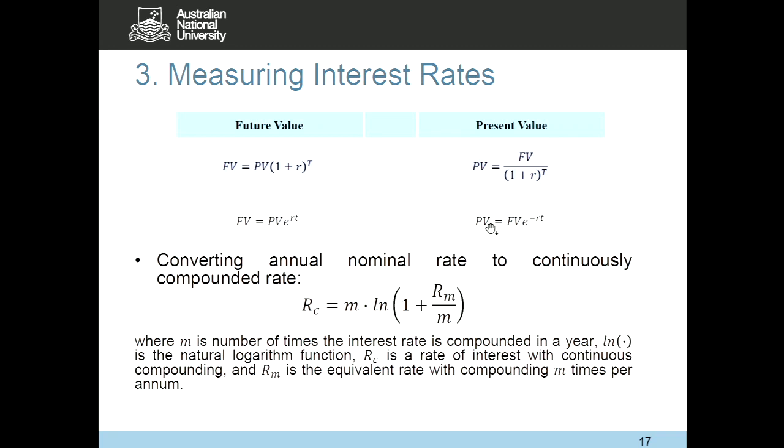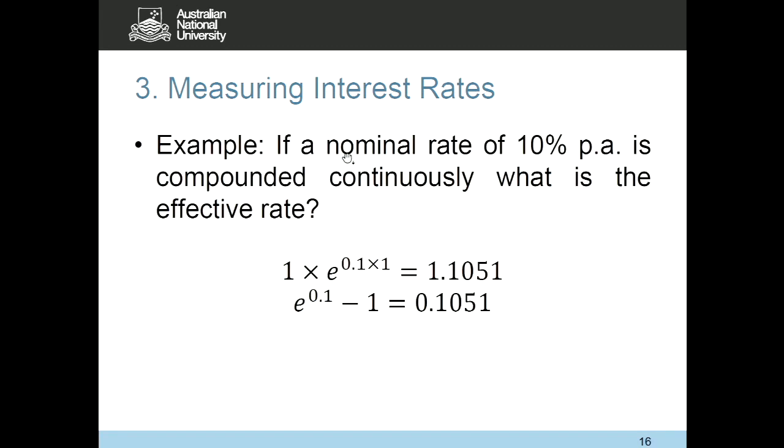All right? Sometimes the question would give you an annual nominal interest rate. In this course, because we always use continuously compounded rates, you have to use this equation below to convert the annual nominal rate to a continuously compounded rate. Imagine if I tell you the nominal rate is 10% with semi-annual compounding.